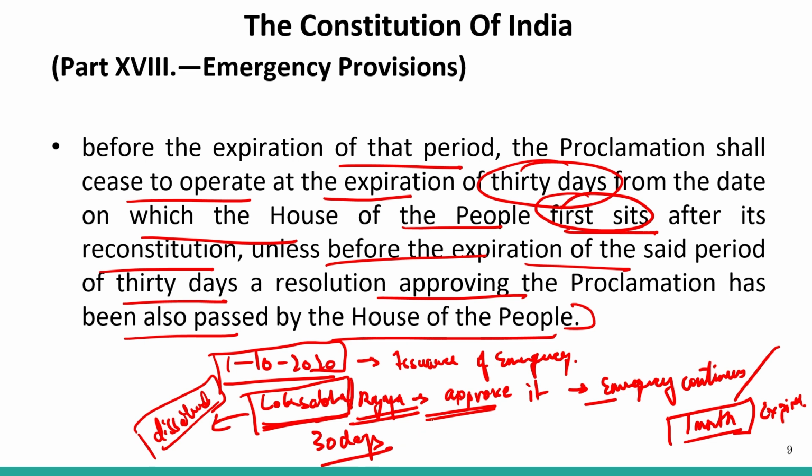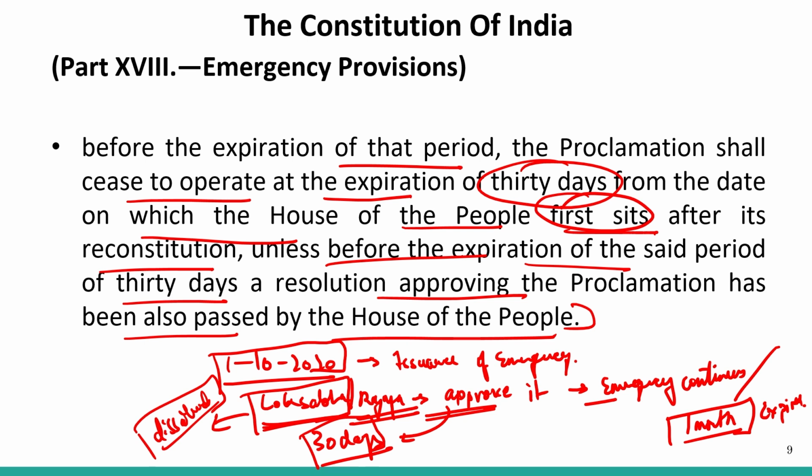After the dissolution, they come back to the house and start working again. If they see that yes, this emergency needs to continue, then they will approve it, and obviously the emergency shall continue.